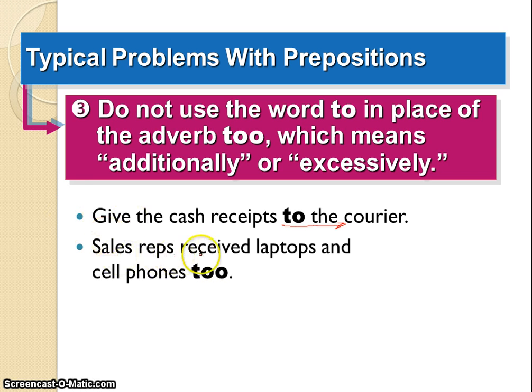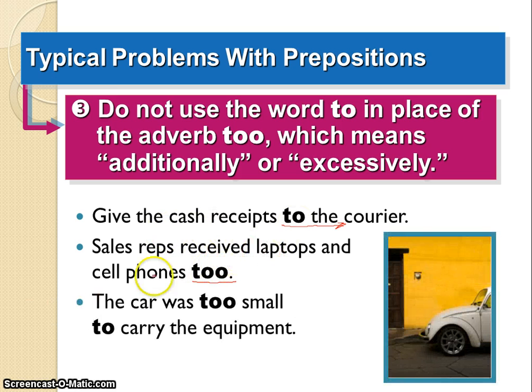So sales reps received laptops and cell phones too, or also or additionally. So we want to watch these words here. Okay, the car was too small, or excessively small, to carry the equipment. So we just want to watch these and make sure that we're using them in the right context.